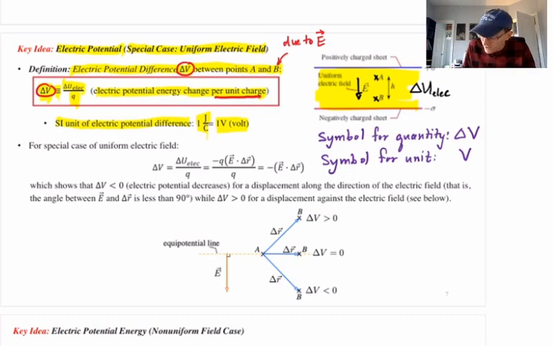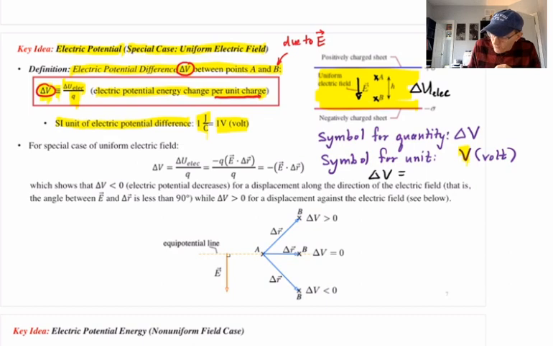And that stands for the unit called volt. So there's the symbol for the thing, potential difference, delta V, and then there's a symbol for the unit, V, for volt. The unit symbol is not italicized. That's how you can tell them apart in a textbook. Okay? You would have something written like this.